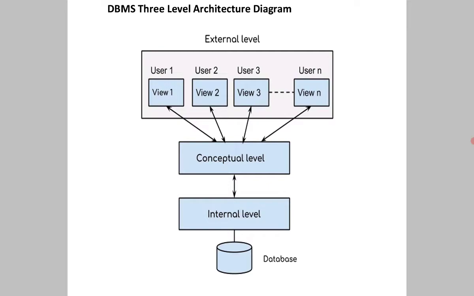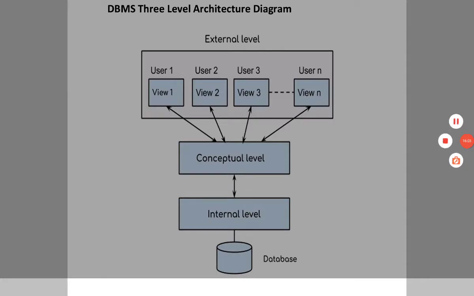In the external level, various application programs, various programming languages, and various end users and customers try to access the database through some application programs. The conceptual view is also called the logical view of a diagram.